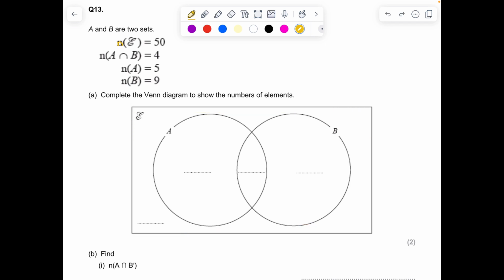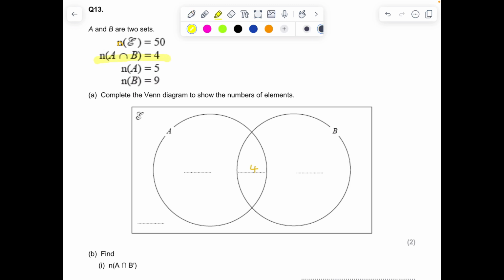So we're going to complete the Venn diagram to show the number of elements. So it's saying that the number of elements in A and B, in the middle, there are 4 elements in A and B. So that's what this part tells us.